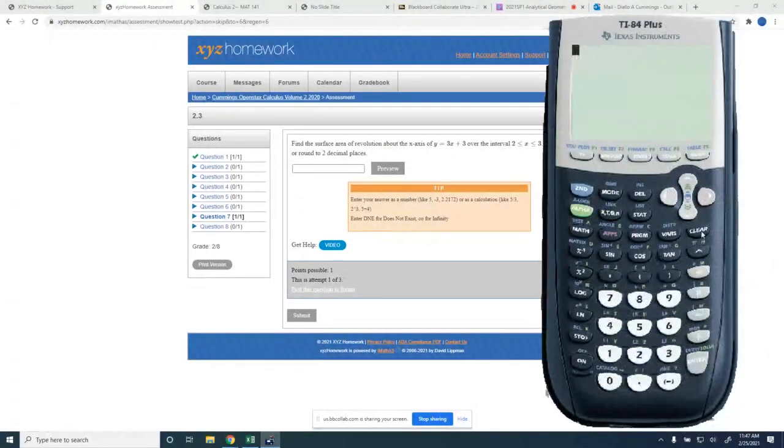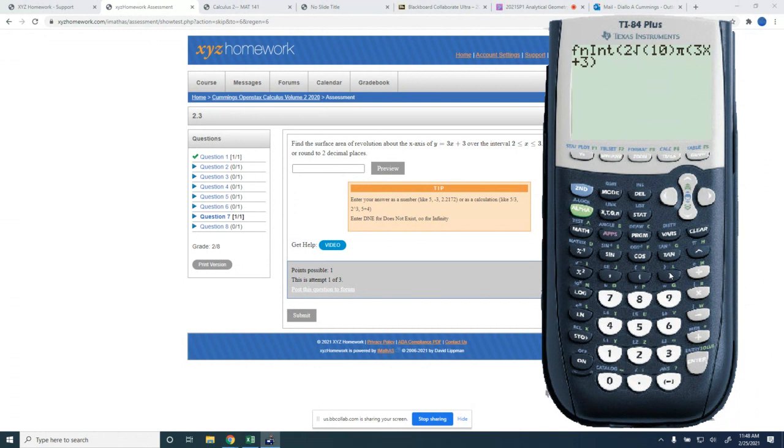Okay, so I'm going to just clear out my home screen. I'm going to bring up the function integration. So this is 2 times the square root of 10. So make sure you close off your square root times pi. I want to put a begin set of parentheses for my function. So that's 3x plus 3.